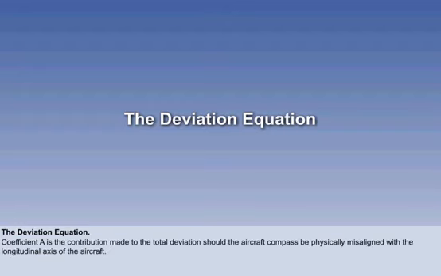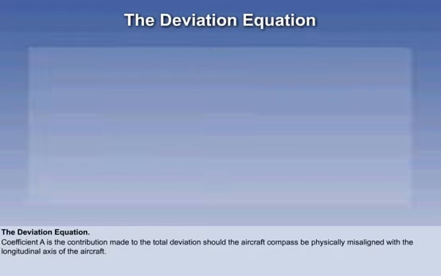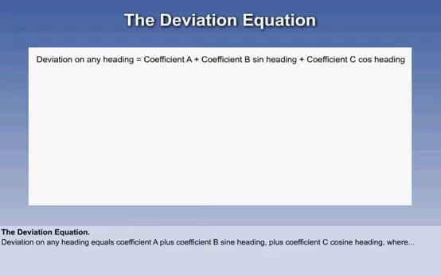This factor is simply the contribution made to the total deviation should the aircraft compass be physically misaligned with the longitudinal axis of the aircraft, and it is known as coefficient A. The equation is therefore: deviation on any heading equals coefficient A plus coefficient B sine heading plus coefficient C cosine heading.